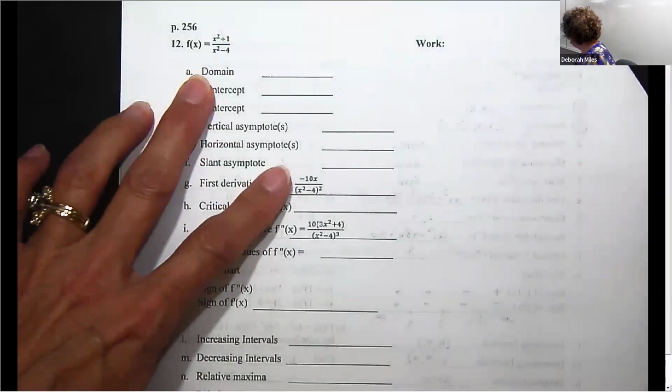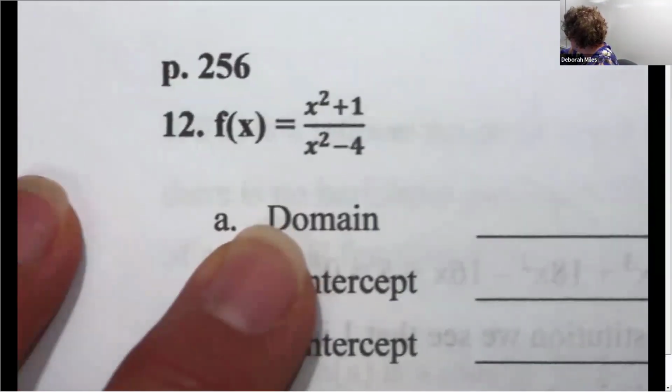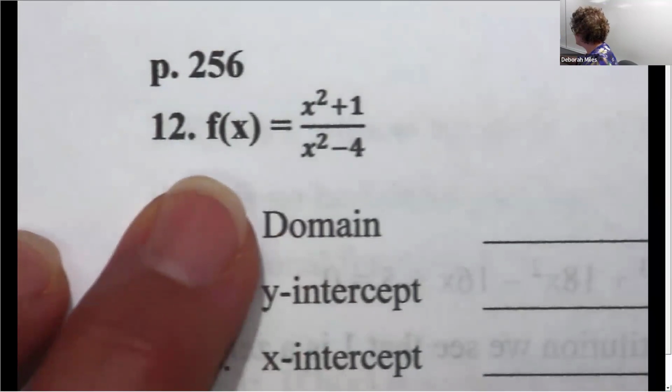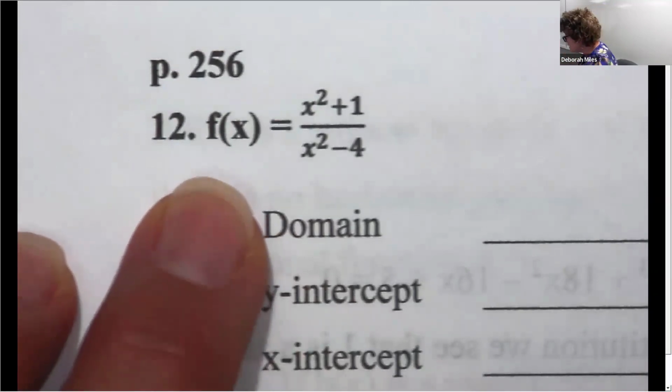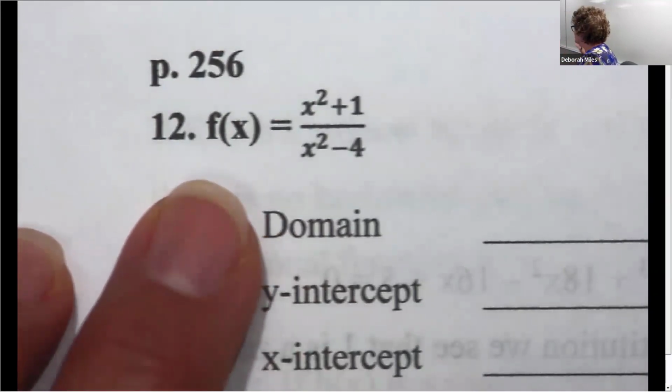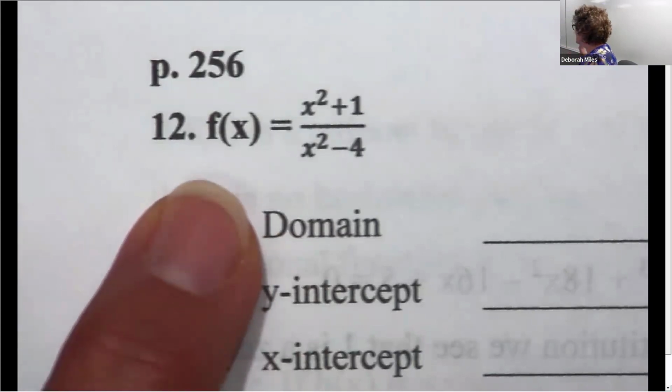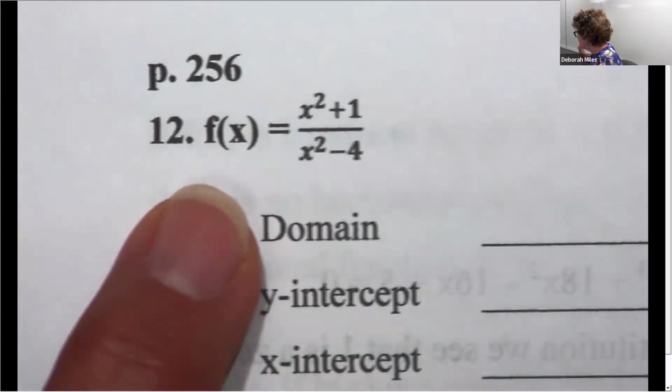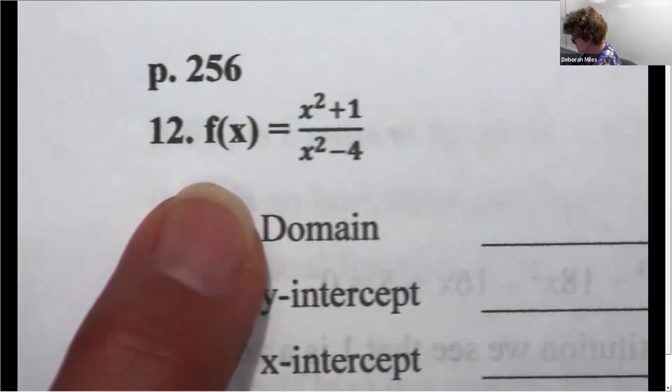Number 12. The first thing you want to do on any rational function is factor the numerator and denominator to see if any factors will cancel, because that will affect whether I have vertical asymptotes or holes in the graph. Right?